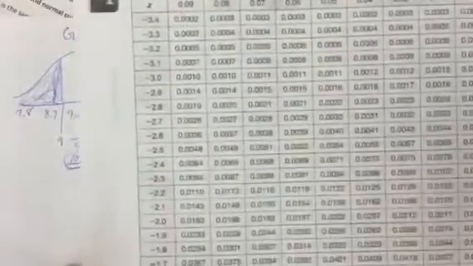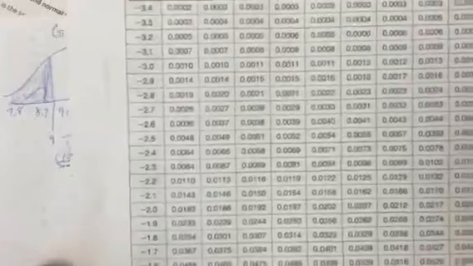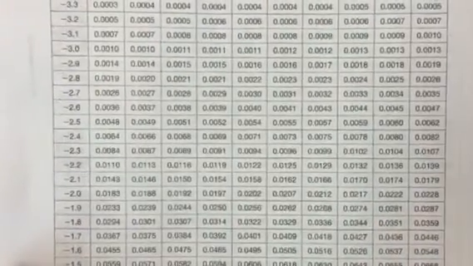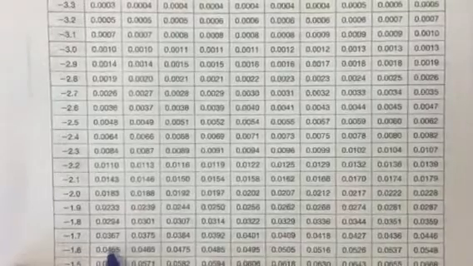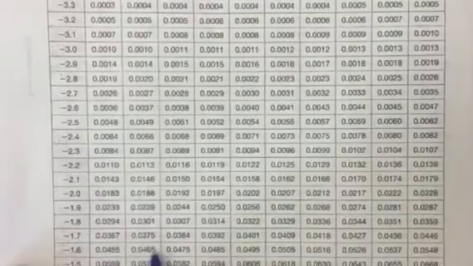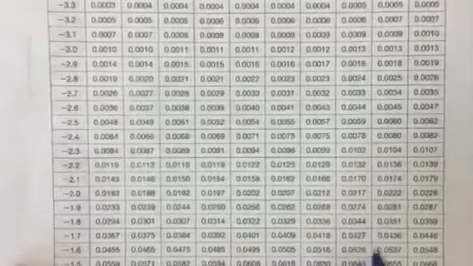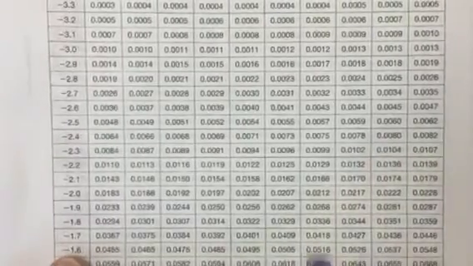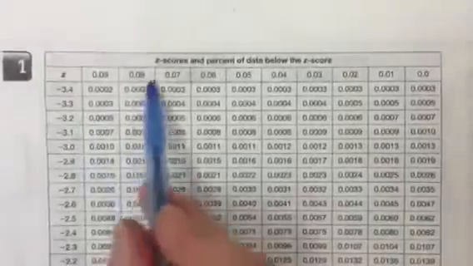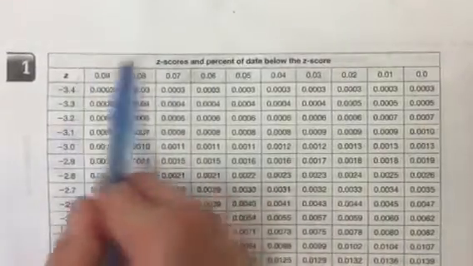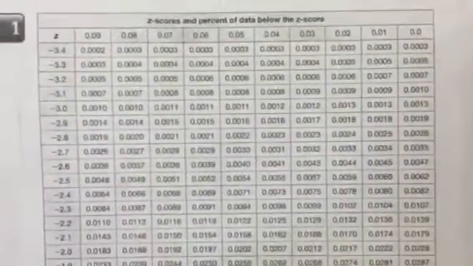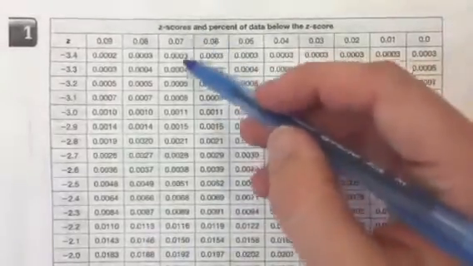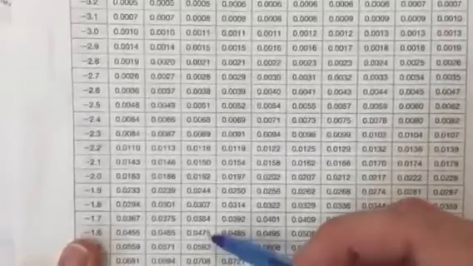So now I need to find negative 1.67. So negative 1.67, we'll just count over. Here's negative 1.6 and then 0, 1, 2, 3, 4, 5, 6, 7, right? Oh, but again, I made another mistake because it's backwards, right? Okay, so really, negative 0.7 all the way down here, right?